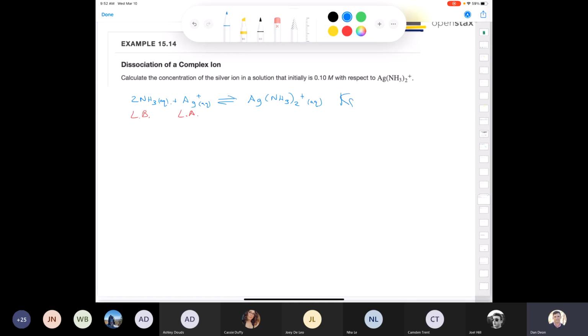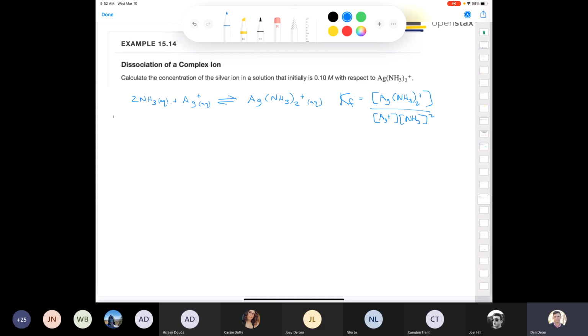Because of the way I have this equilibrium written, I should have used equilibrium arrows, sorry. Our Kf is going to be equal to the concentration of Ag(NH3)2+ divided by the silver ion times the concentration of the ammonia squared. Now let's make an ICE table.